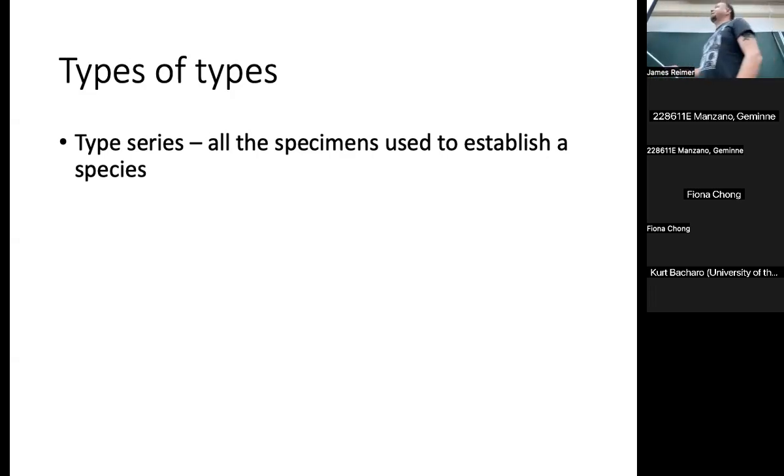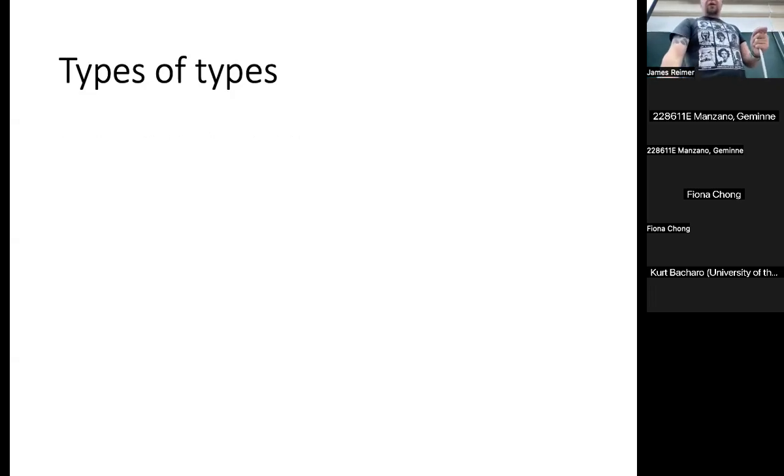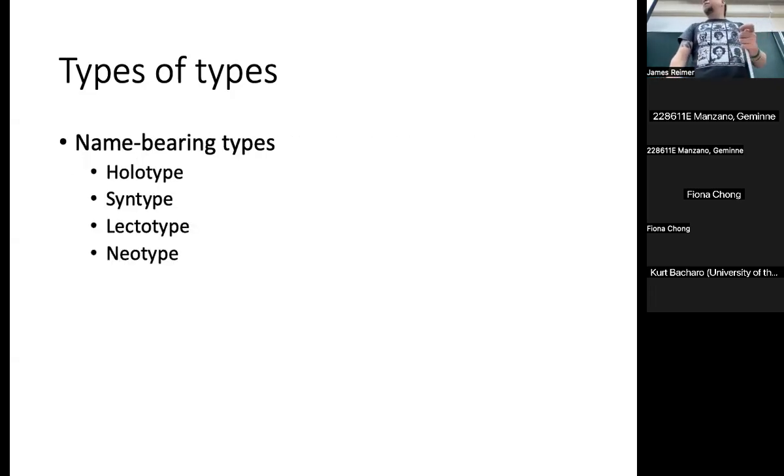But inside all of these specimens, there are some types that are more important than others. That's sort of what I want to explain. In ICZN, there are 4 types of types that a scientific name can be attached to. Only 4.